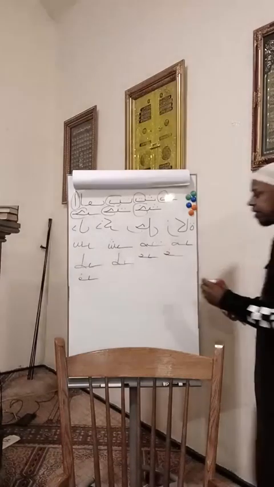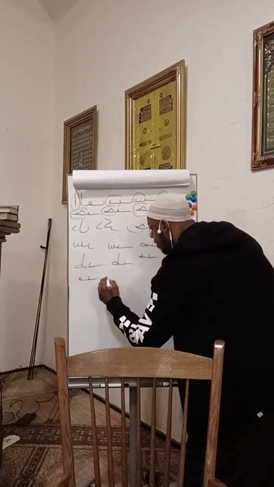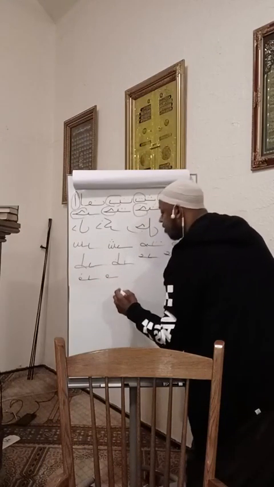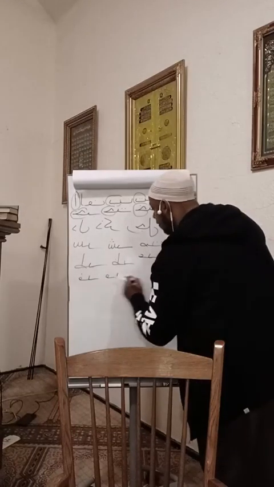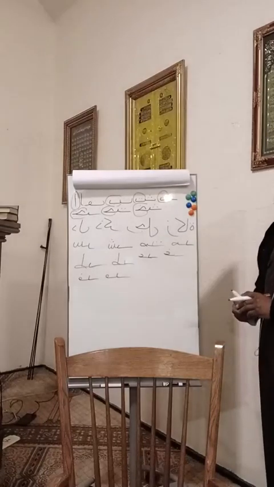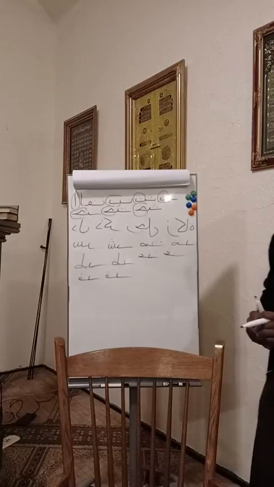And then you have a letter that's similar to it in form, but a little different. What makes this different from that is this has two dots. That's the Qaf.